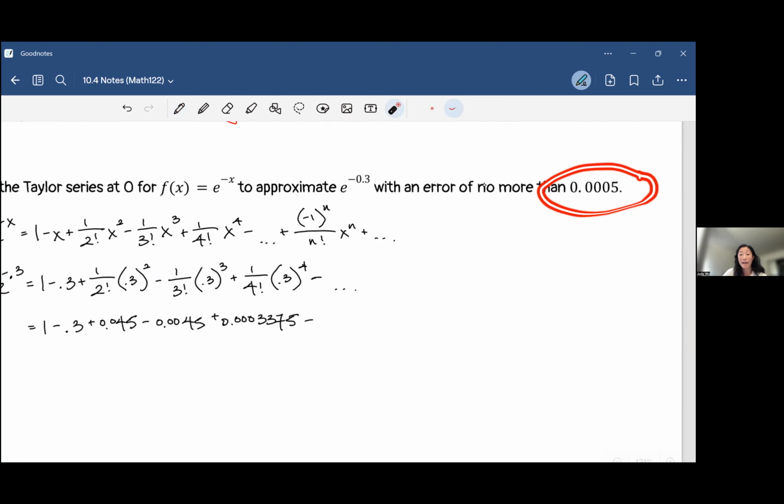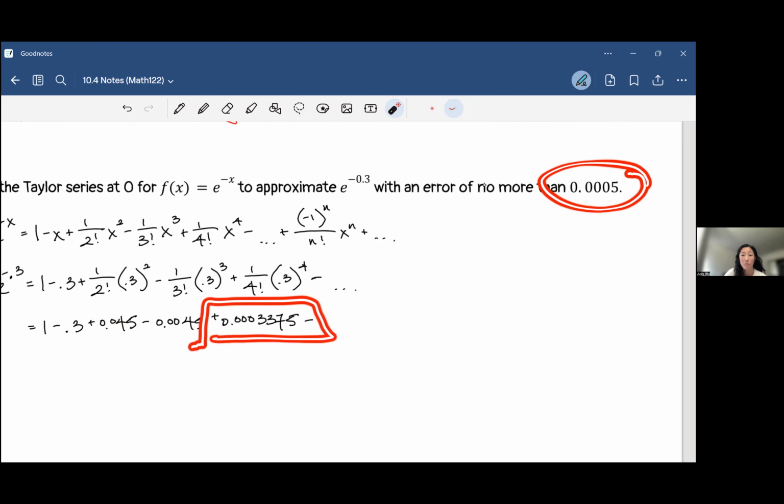Okay, we look at all these terms, and what we want to look for is this: I don't want an error of more than 0.0005. So I need to find the first term that is less than that. So I go, 1 is too big, 0.3 is too big, 0.045 is too big, 0.0045 is still too big, but this term is the first term that is smaller than 0.0005.